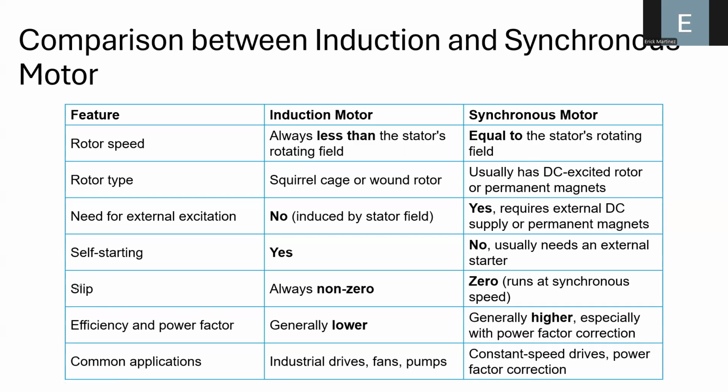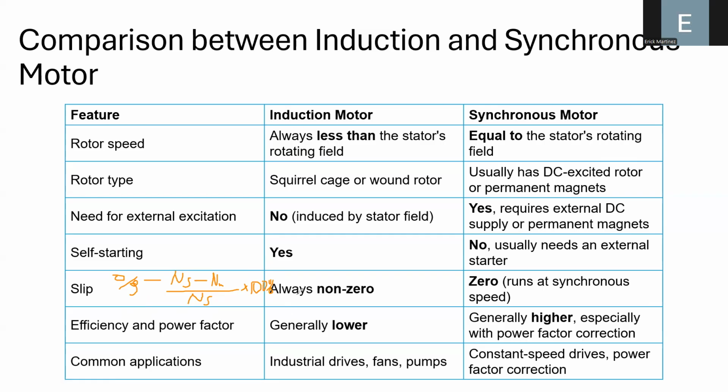I will talk about this in the following slides, but basically it's a percentage that relates the stator rotating magnetic field speed with the rotor speed, and we divide this by the stator speed and multiply this by 100. So this slip tells us about the difference between the speed of the stator rotating field and the speed of the rotor.